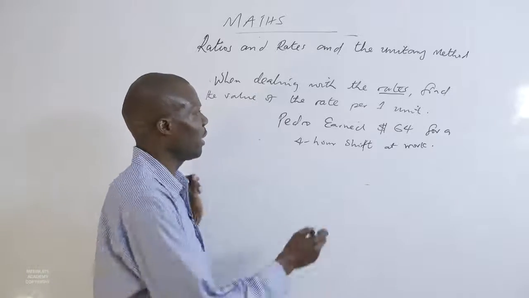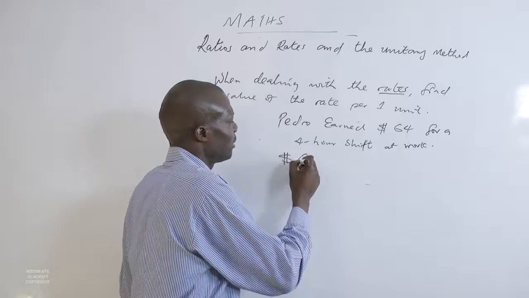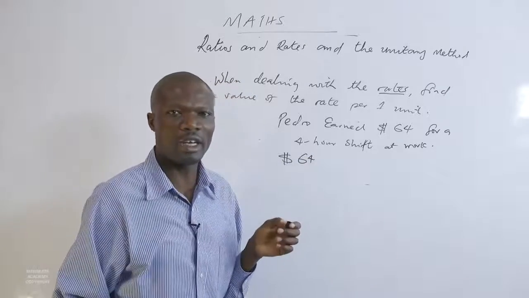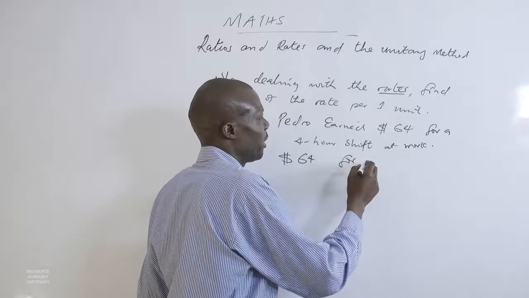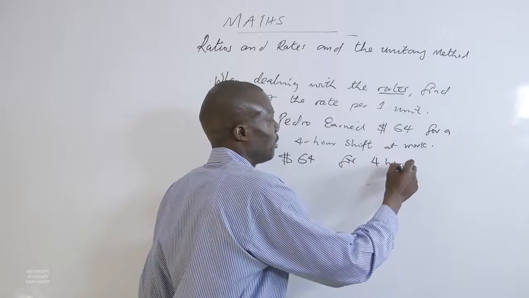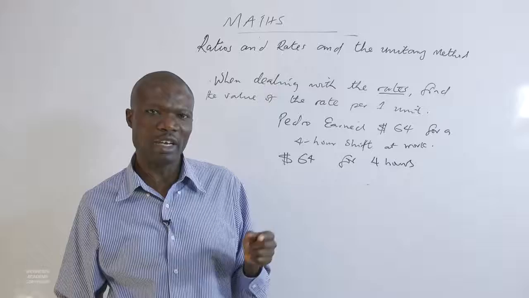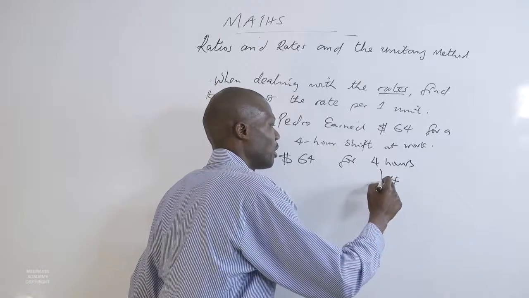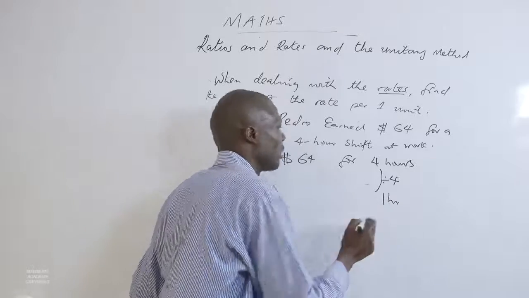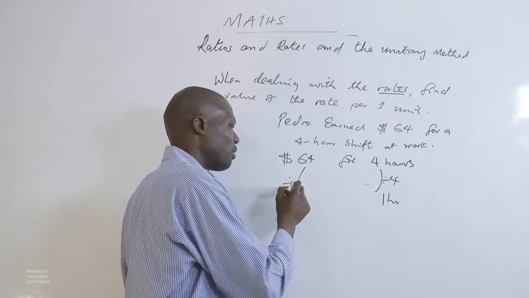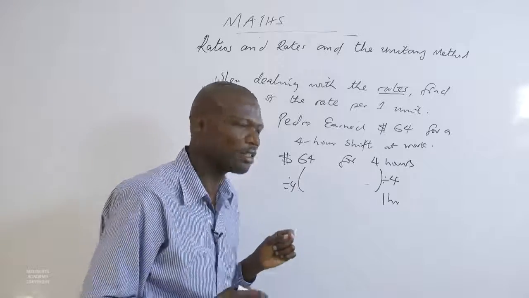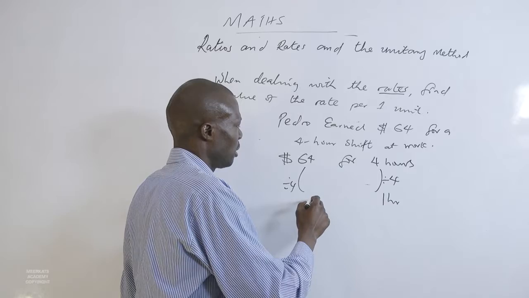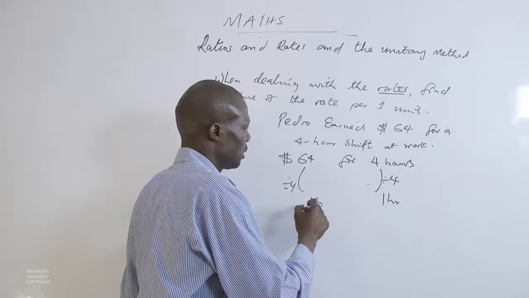So we shall say $64 is earned when you work for how many hours? 4 hours. So when you want to find rate per unit, it will be divided by 4 to get 1 hour, and divide this side by 4, and you'll get it is equivalent to what? It's equivalent to 16.